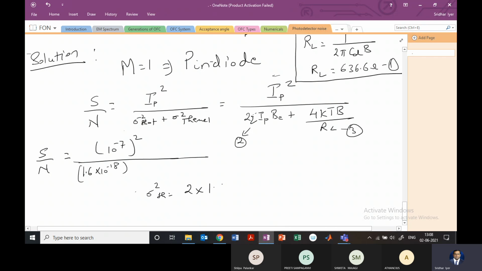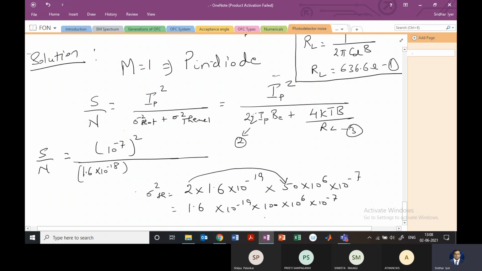So 2 into 1.6 into 10 raised to negative 19 into 50 into 10 raised to 6 into 10 raised to minus 7, right? So this 2 and this 50 will just give you 100. So 1.6 into 10 raised to minus 19 into 100 into 10 raised to 6 into 10 raised to minus 7.